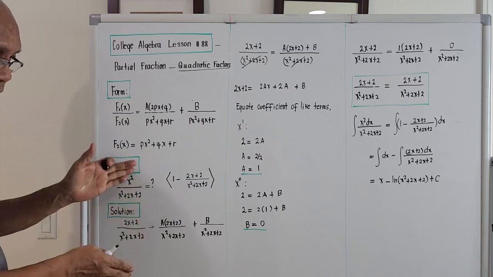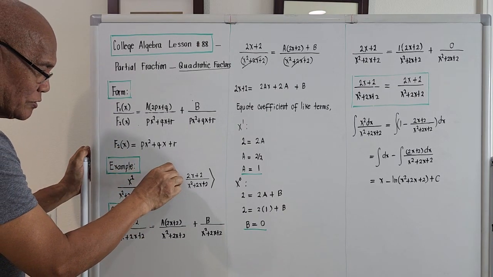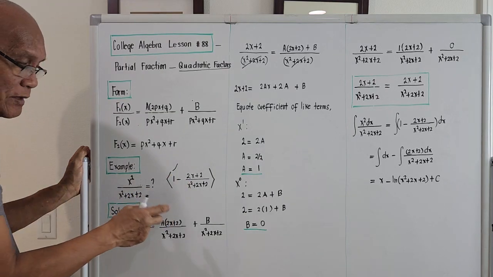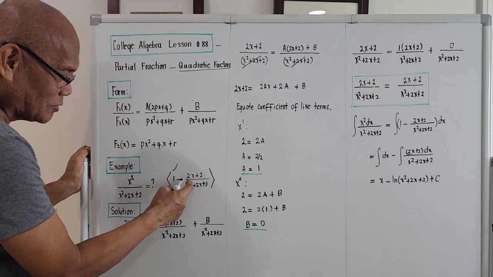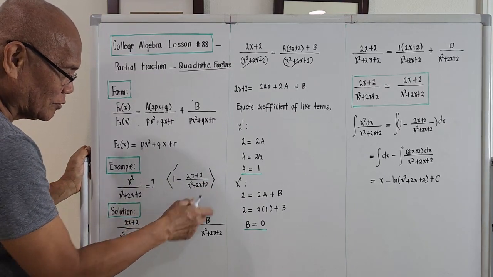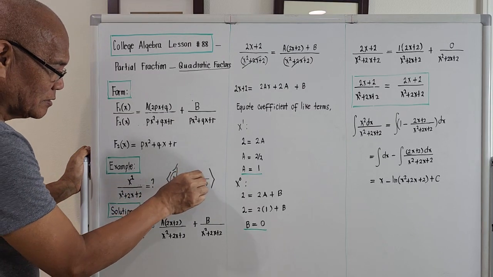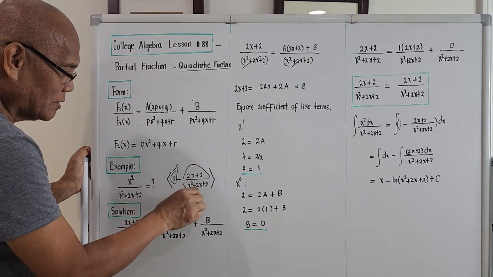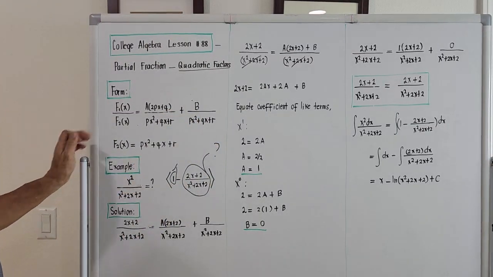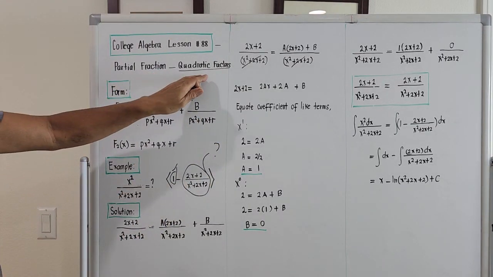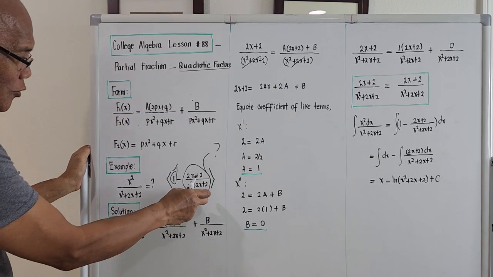I long divided, so what comes out is an exact quotient of 1, and the remainder will be the quantity 2x plus 2 all over x squared plus 2x plus 2. So there will be no problem with the quotient. Our only problem now is the equivalent of this one, and it falls under partial fraction involving quadratic factors. Okay, let's bring out the equivalent of this one.